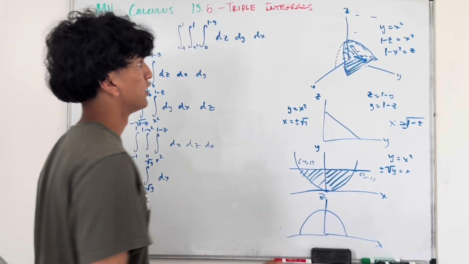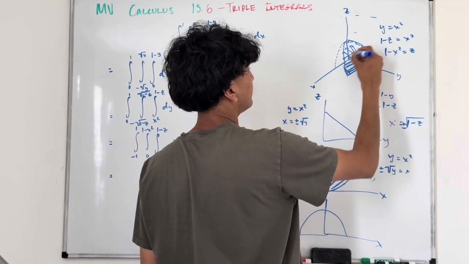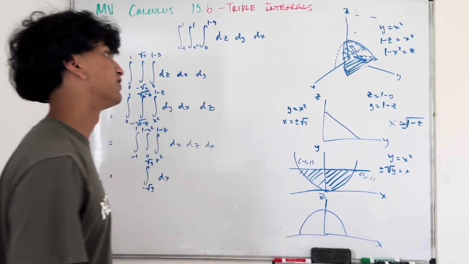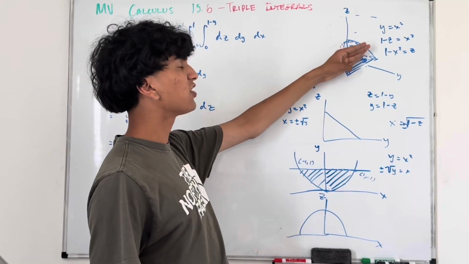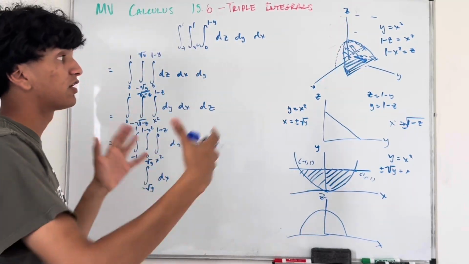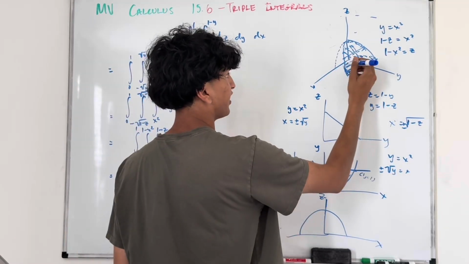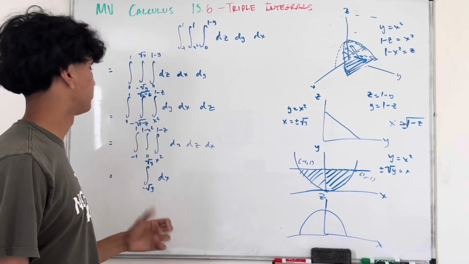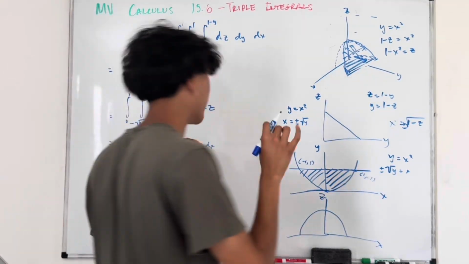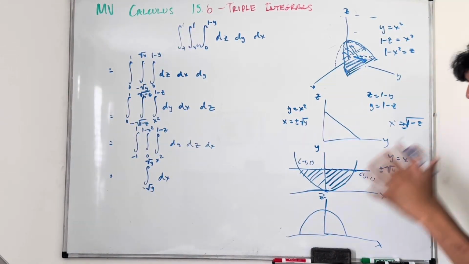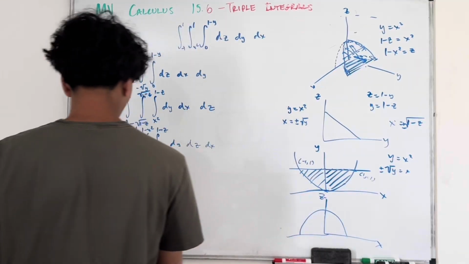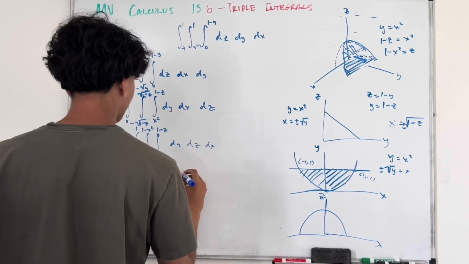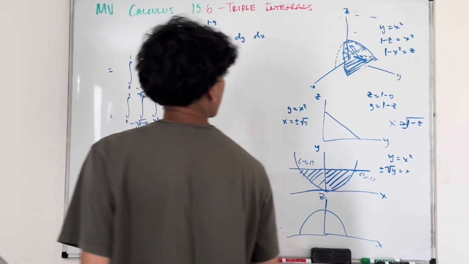When you get higher up, it's kind of weird because when you're along the y-axis, you're integrating less, but along the x-axis, you're still integrating from root y to negative root y. So it doesn't depend on z. That's the key idea. It's hard to think about, I know, and honestly, I'm not perfect at explaining it, as you can probably tell, but hopefully it's kind of clicking for you.